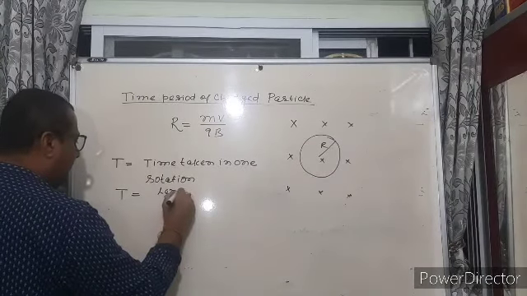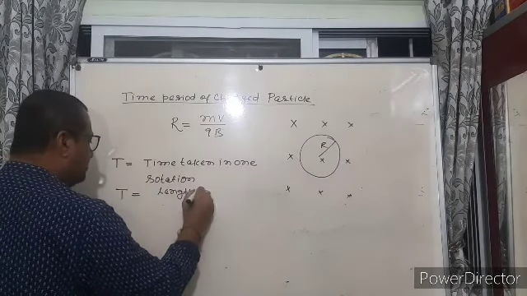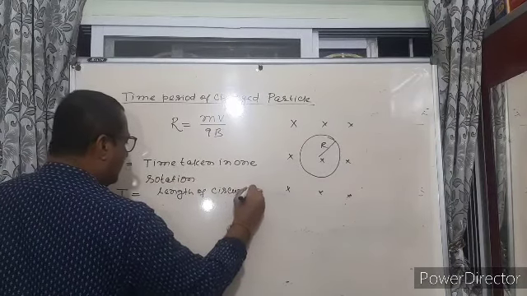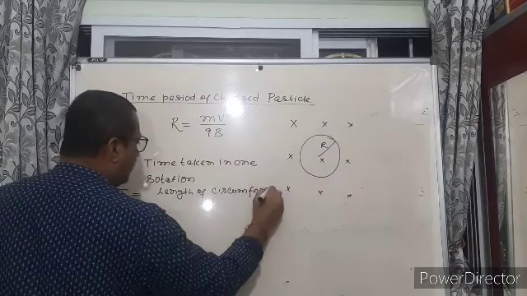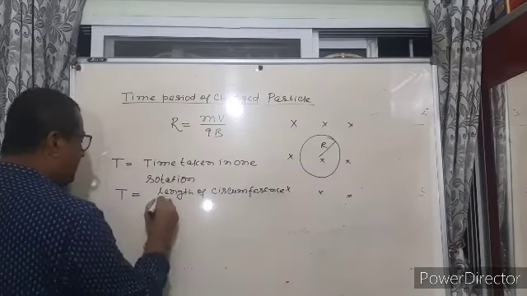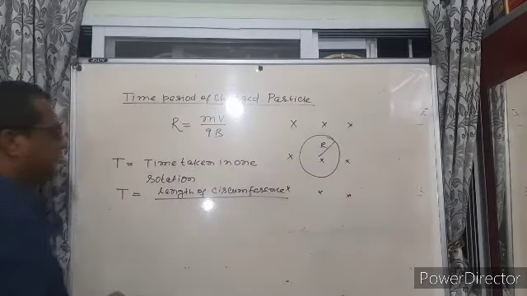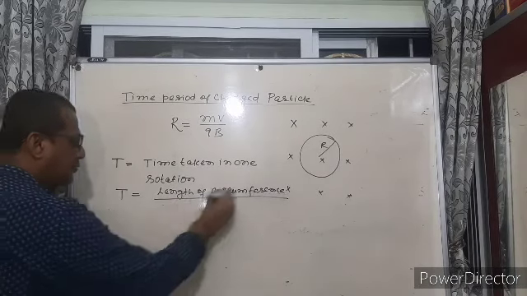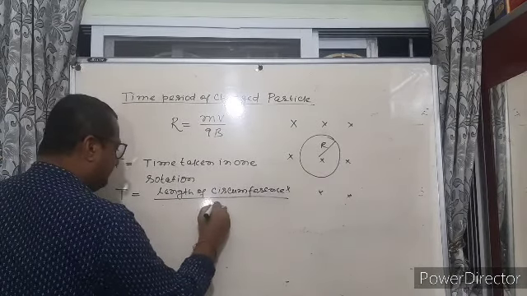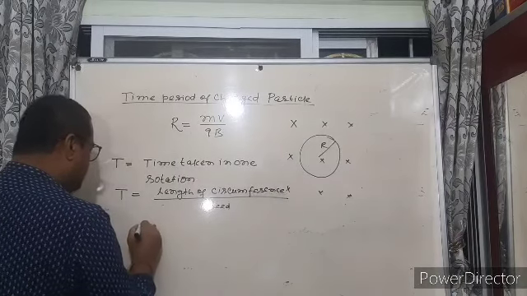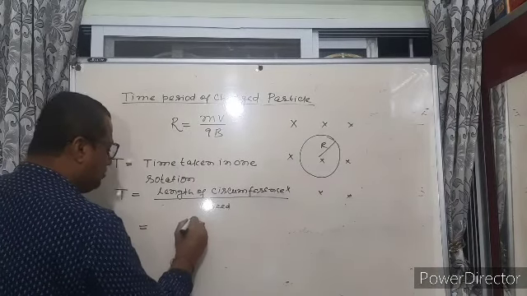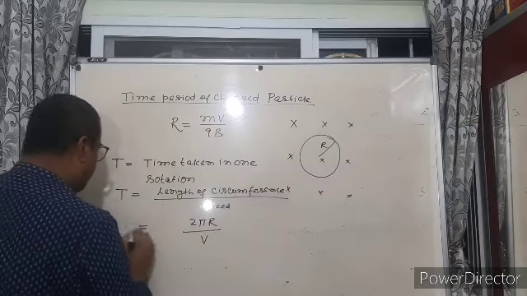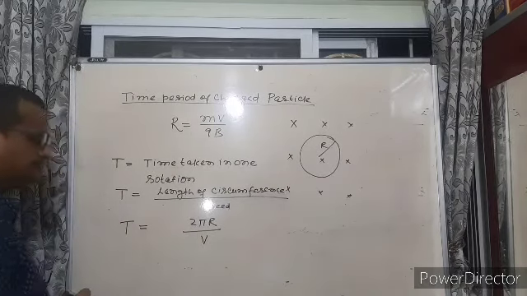This is called length of circumference, divided by speed. Speed equal to distance by time, time equal to distance by speed. So length of circumference, that is 2 pi r, divided by speed. This is the time period.